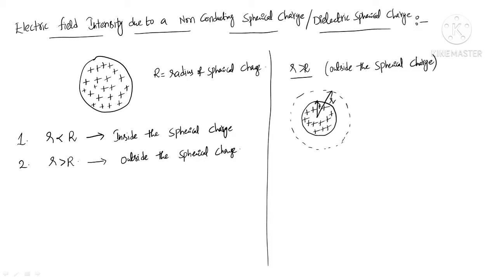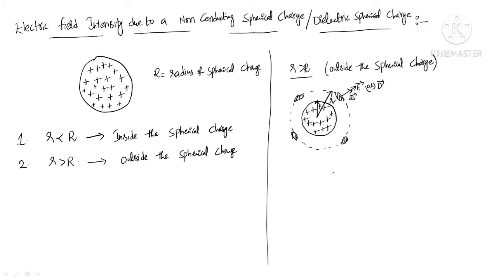Now, how can you find the field intensity? On each small surface of this sphere, the field intensity is in this direction, and the differential surface vector dS bar is also in the same direction. The electric flux density D bar and the electric field intensity are both in the same direction as dS bar.